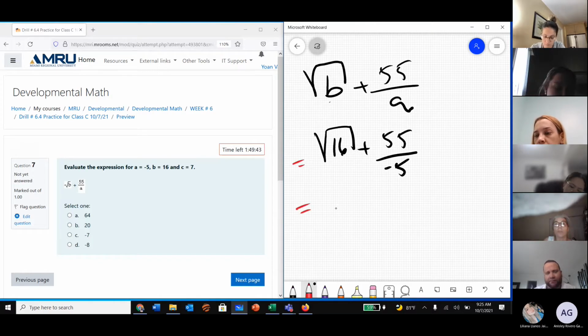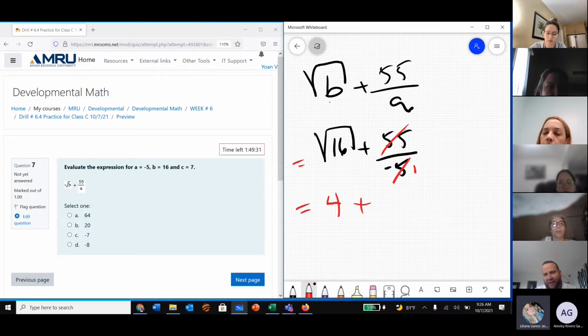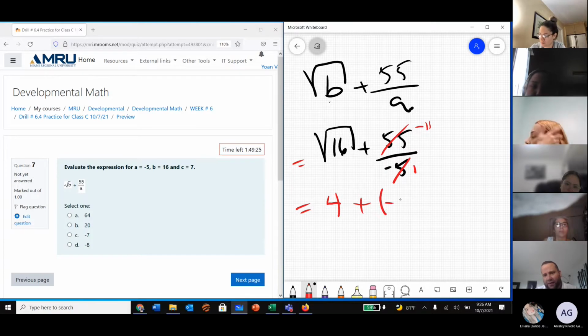What is the square root of 16? 4. 4 plus, we simplify this one, 5 divided by 5, 1, and 65 divided by 5, 13. Negative 13. And then positive times negative? Negative.